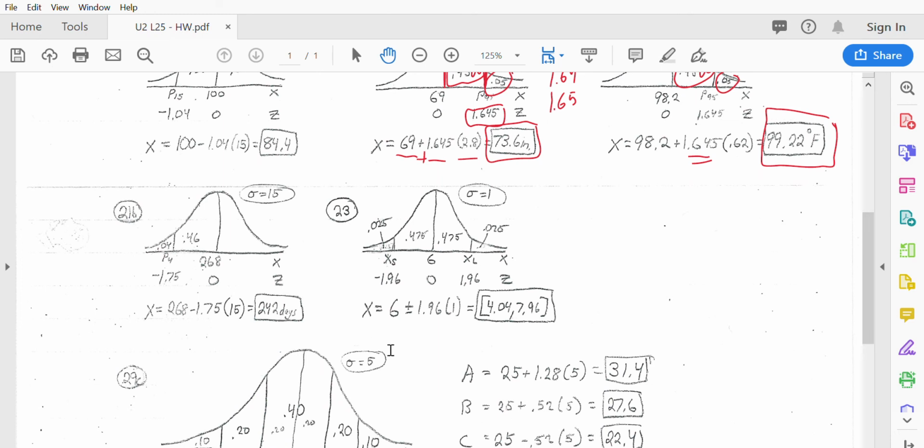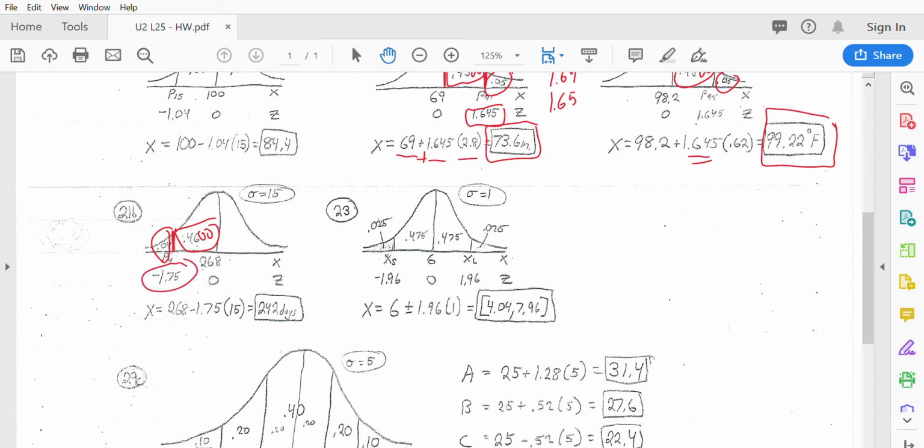If we stipulate that a baby is premature, this is 21B, that a length of a pregnancy is in the lowest 4%, which number separates the lowest 4% from the others? So here is the lowest 4%. 4 plus 46 adds up to 50. So I look up 0.4600 backwards on my z-table. The closest z-score that I find is negative 1.75.